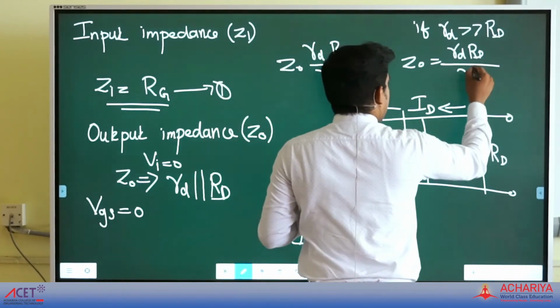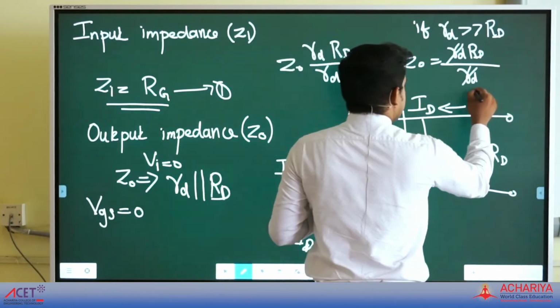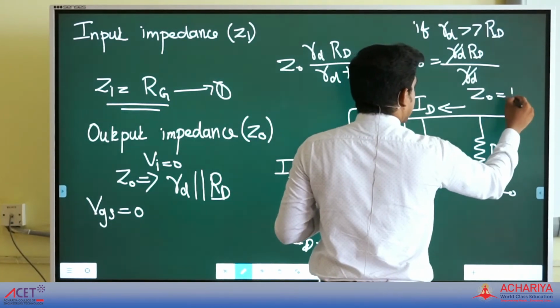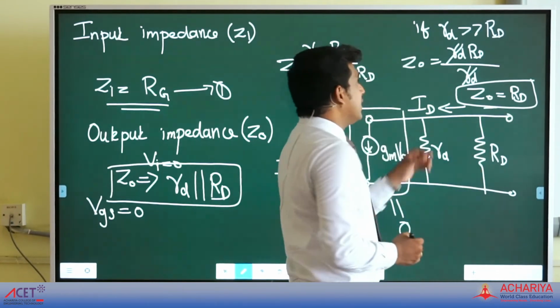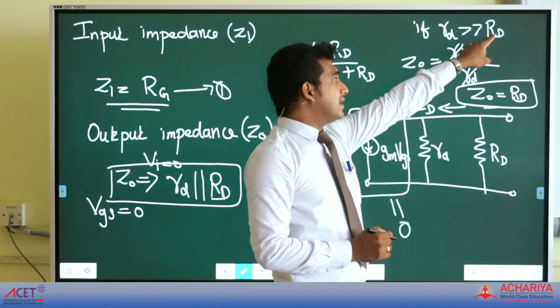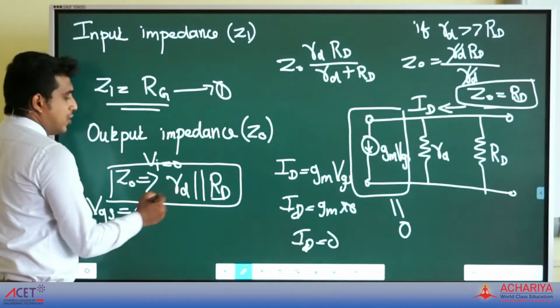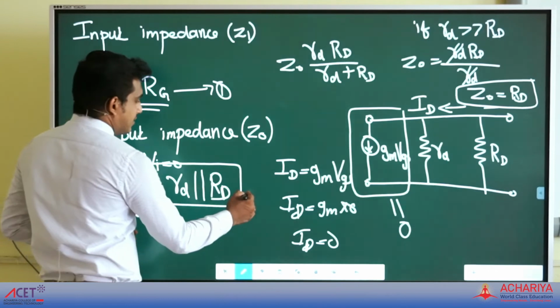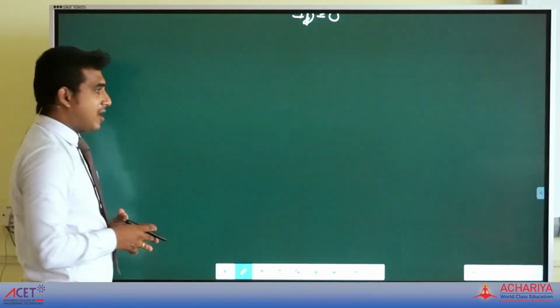So we will be getting small RD, this small RD will get cancelled, and Z0 we will be getting as capital RD. Okay, this is the output impedance equation. If small RD is very much greater than capital RD, if not, or else we can write Z0 is equal to small RD parallel capital RD. This is the equation.